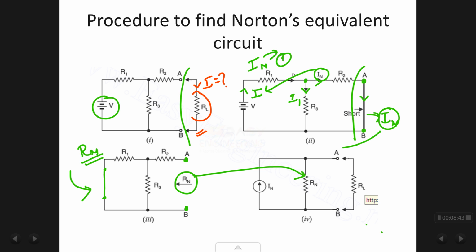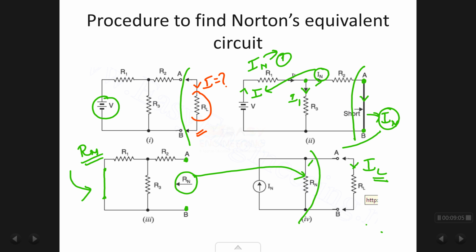Once I get the value of Rn, I will put it over here. This will be my Norton equivalent circuit. Place back my load resistor. Your job is to find IL, the actual current flowing through this load resistor, that's the current of my load.